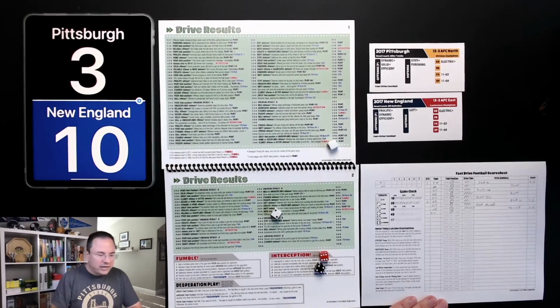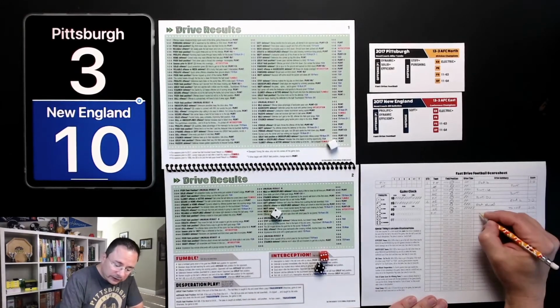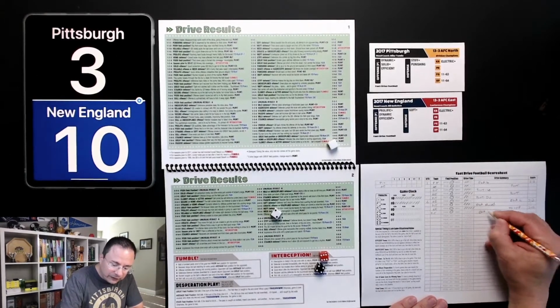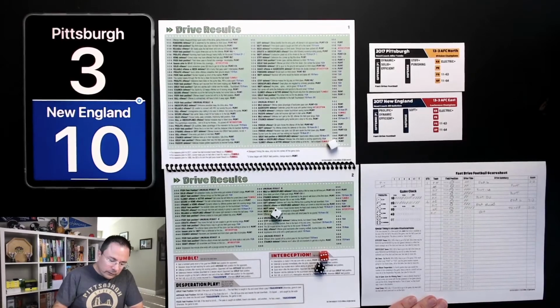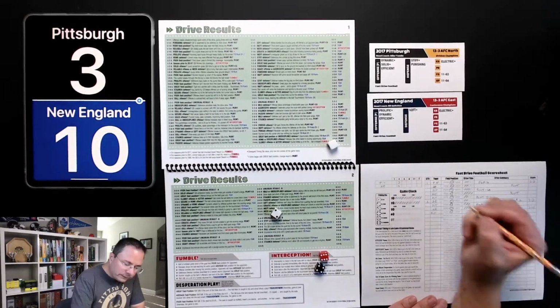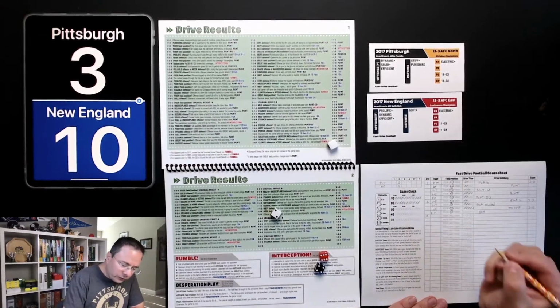There's only 1 left. Even with their efficient rating, not enough. So the half ends with Pittsburgh having the ball, but it's an end of half. They weren't able to drive down the field in time, and so the first half ends New England 10, Pittsburgh 3. So we go to the third quarter.